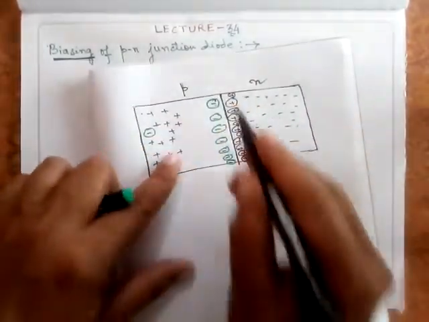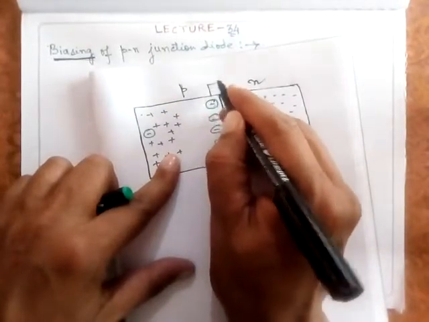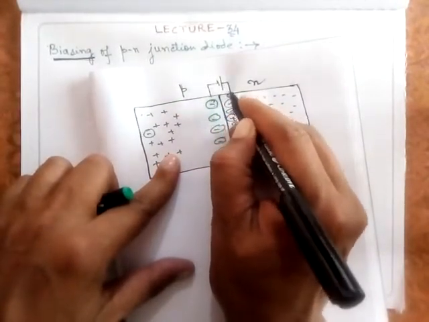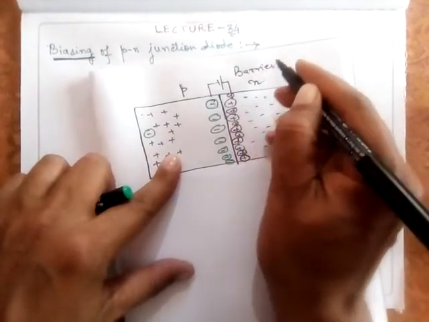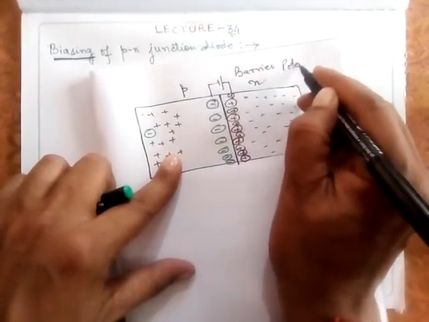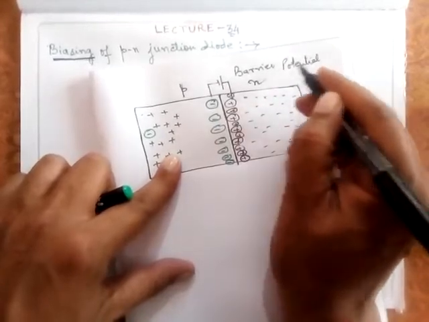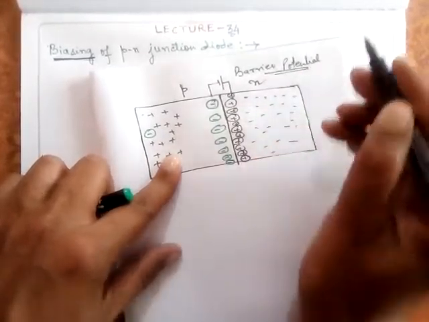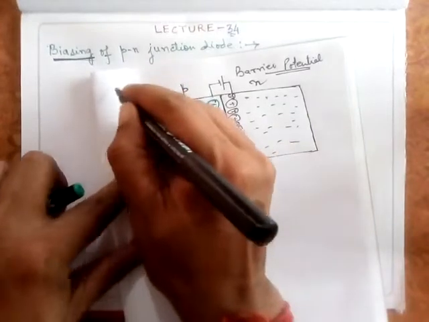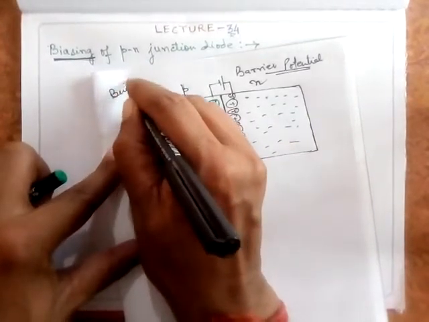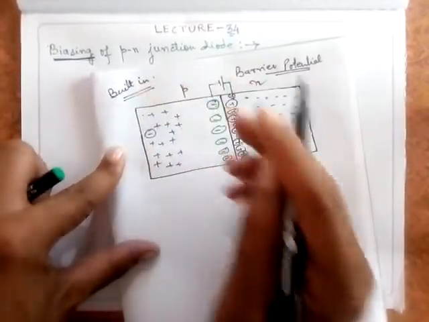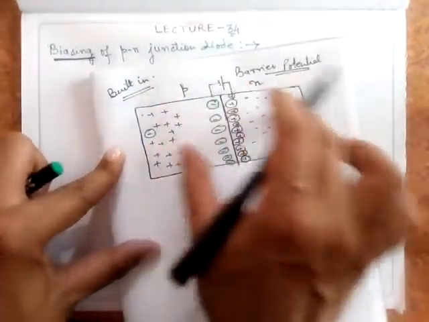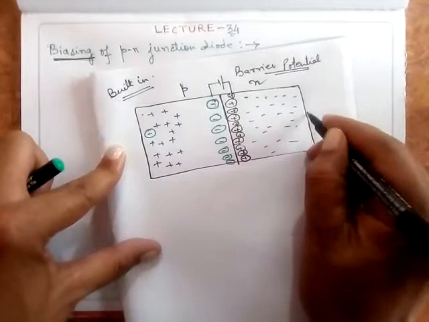And I told you that an internal potential is developed here, and this potential is called a barrier potential, or in many books it is also called a built-in potential. It is a potential that is built inside this semiconductor itself, within this diode itself.